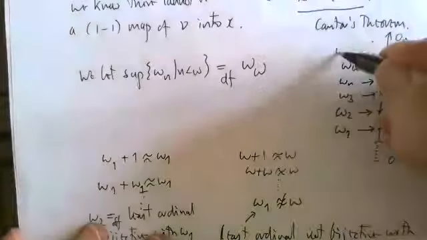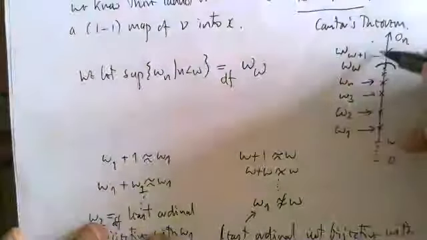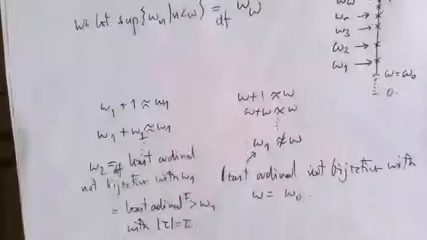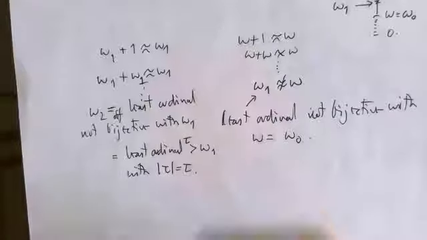But the process keeps going. There's another least cardinal beyond that, which we're going to call omega sub omega plus 1. And so on. So we formalize that all in a definition, 436.